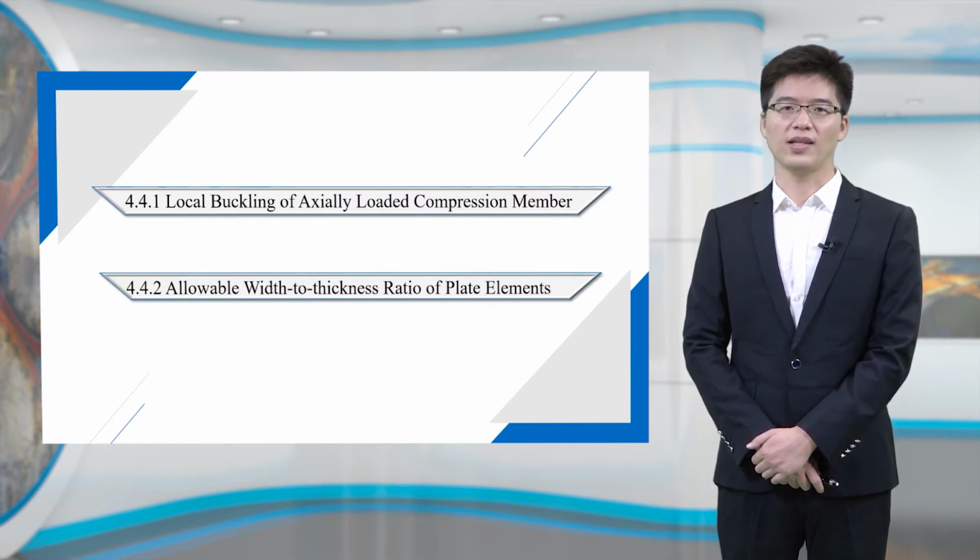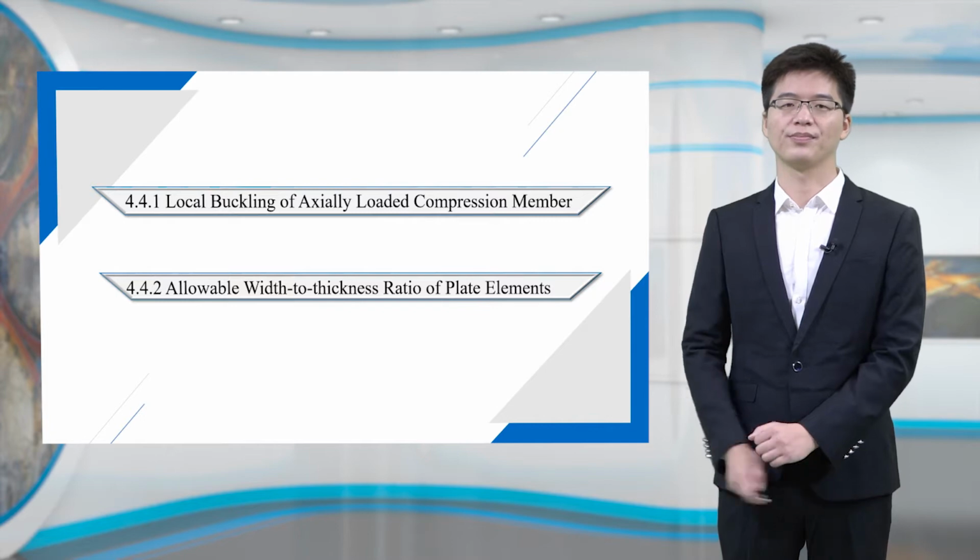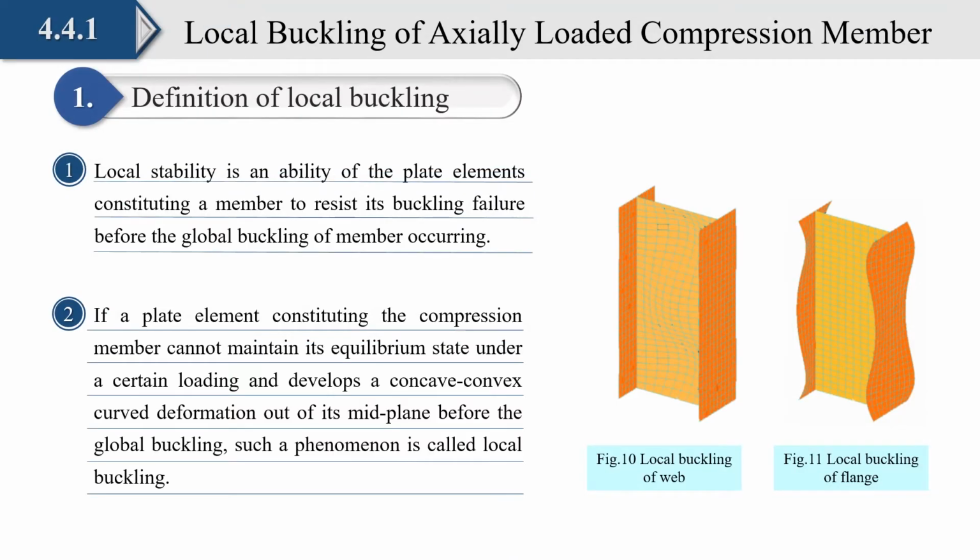First of all, let's study the concept of local stability of axially loaded compression members. The so-called local stability is defined as the ability of the plate elements made up of a steel member to resist buckling failure before the overall instability of a member occurs.